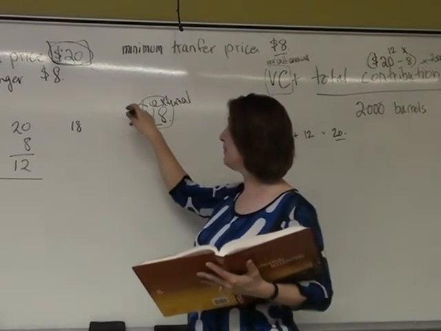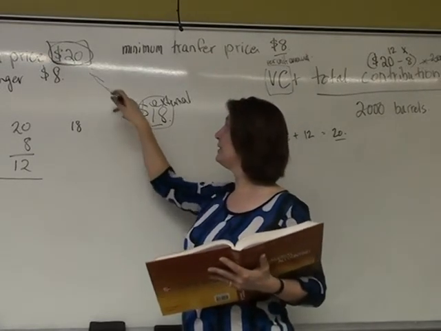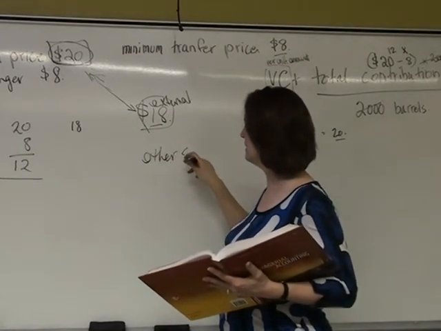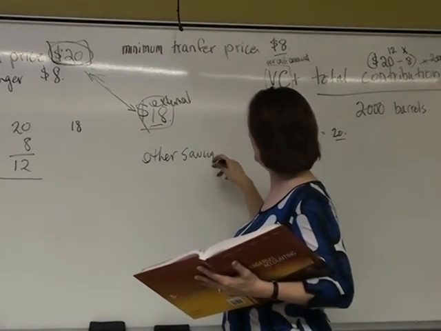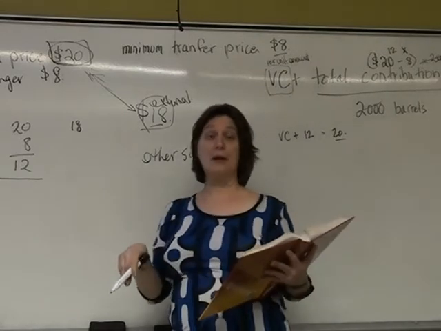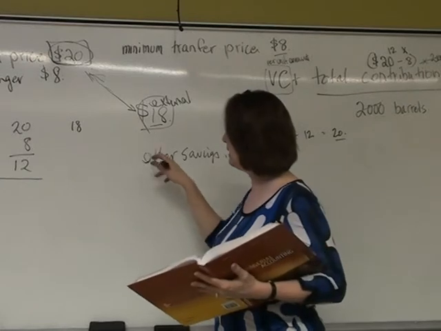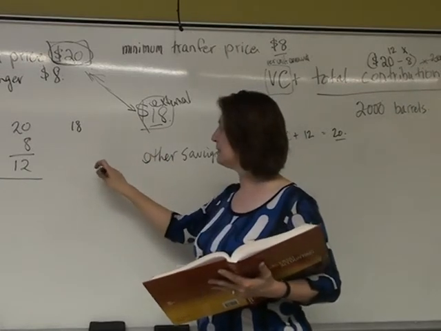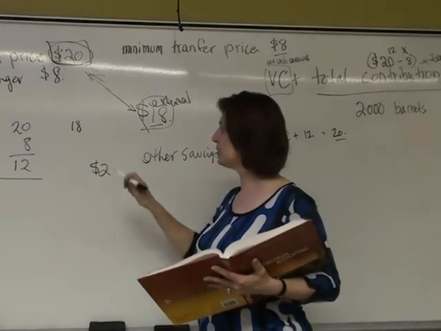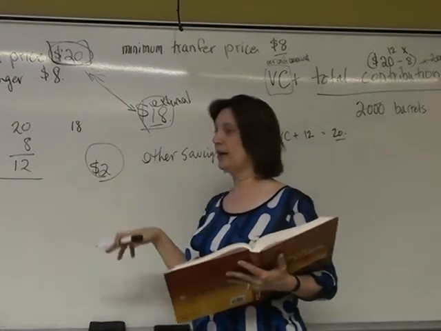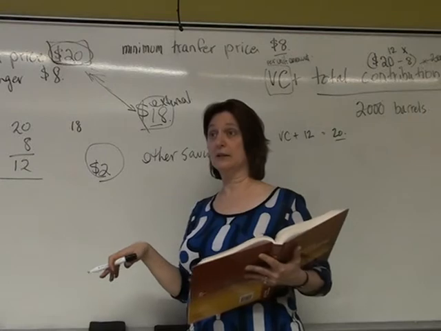Usually though, what happens is when you have an internal transfer, there will be other savings that can be realized. So for example, on an exam question that I had to write as a student, if you did the internal transfer, you could save $2 on packaging costs. Well, in this example, you would then be ahead by $2 per unit, right?